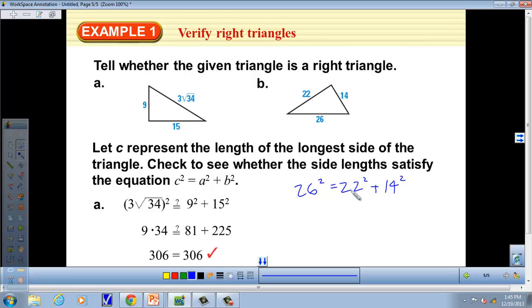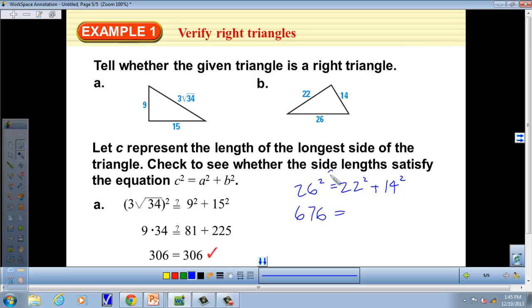So let me get out my handy dandy calculator here. We want to figure out what 26 squared is. I believe that's 676, but I'm going to double check. Give me just a sec here. So we do 26 squared is 676.